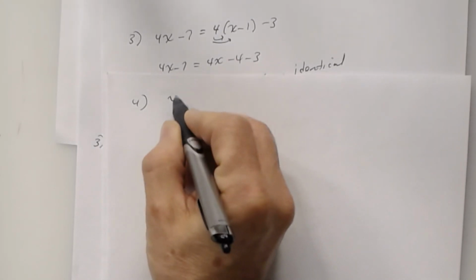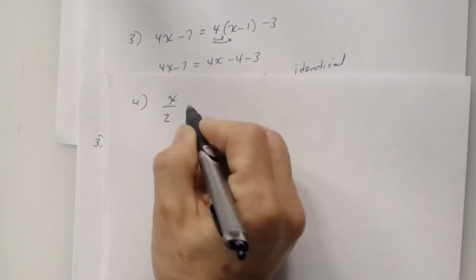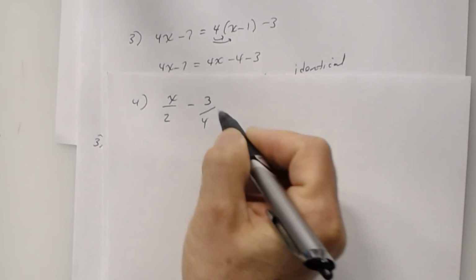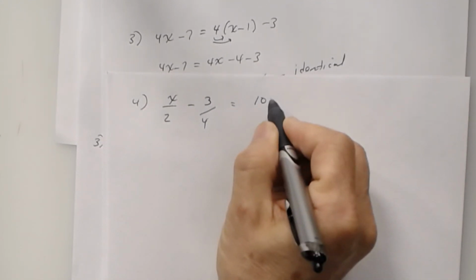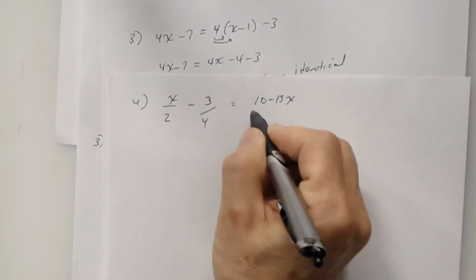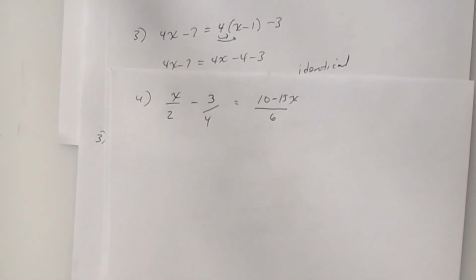I'd have x divided by 2 minus 3 divided by 4 equals 10 minus 15x divided by 6.